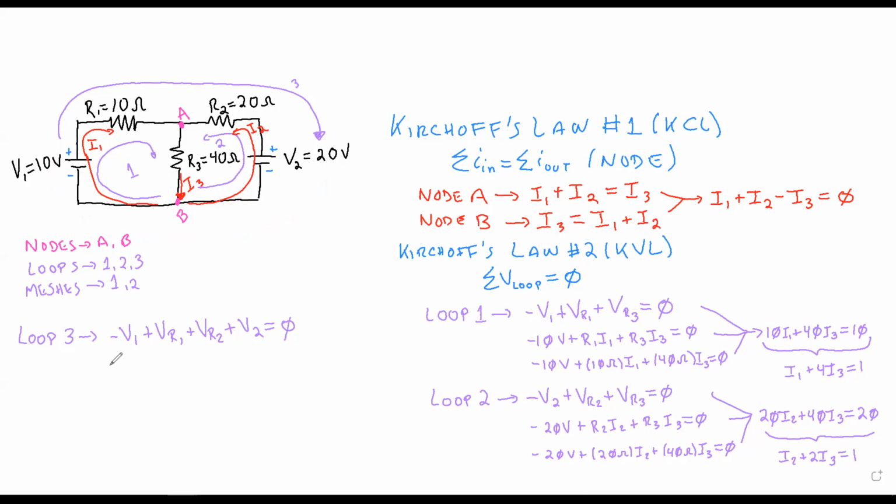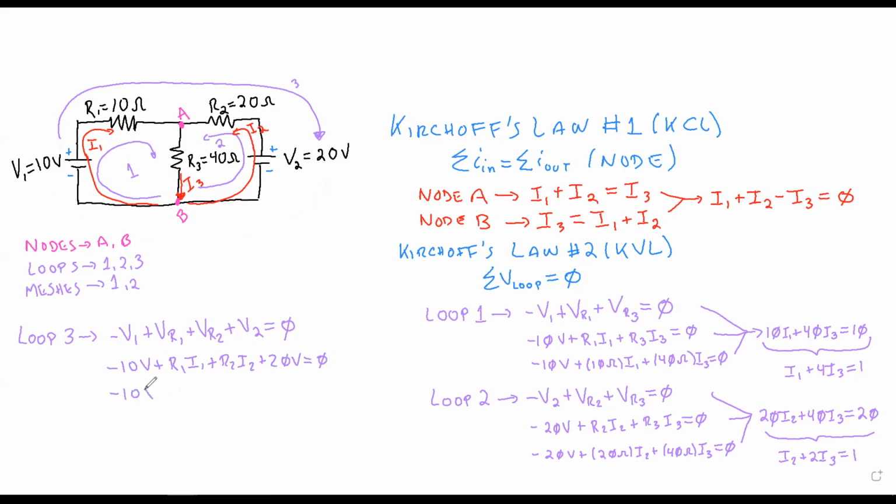Okay. And in this case, we're going to say minus 10 volts plus R1 I1 plus R2 I2 plus 20 volts equals 0.